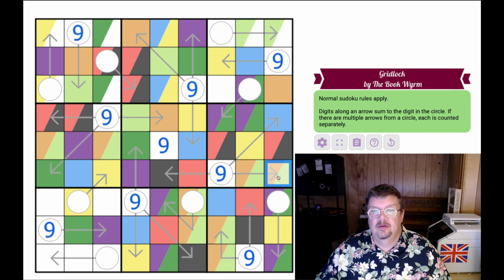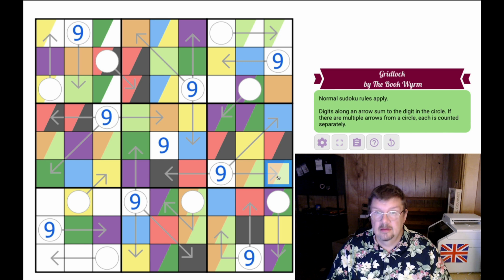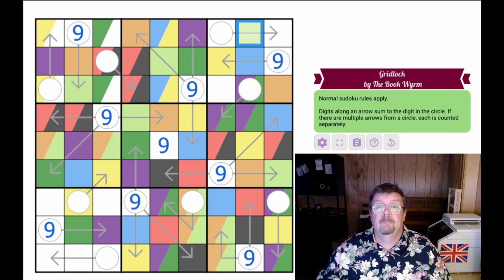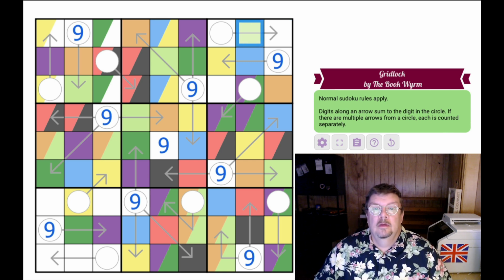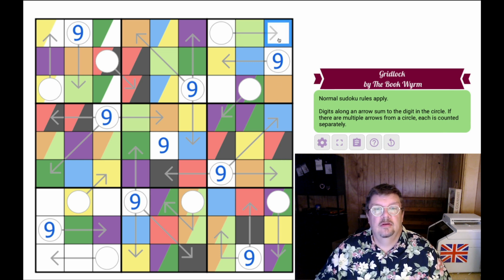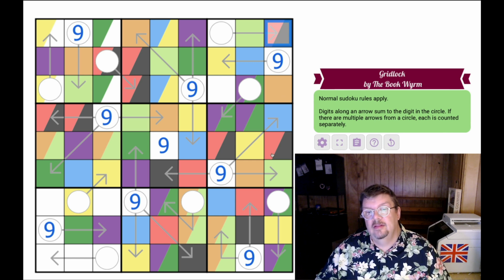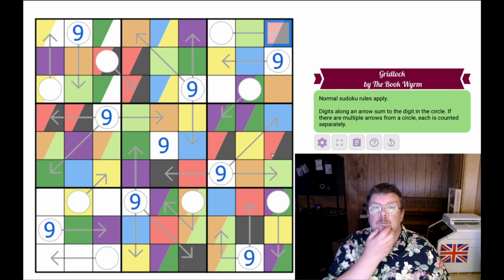That orange makes that light green, and this orange, and then that light green removes that from there. That makes that light green. That makes this black and red, because that's what's left in the column.